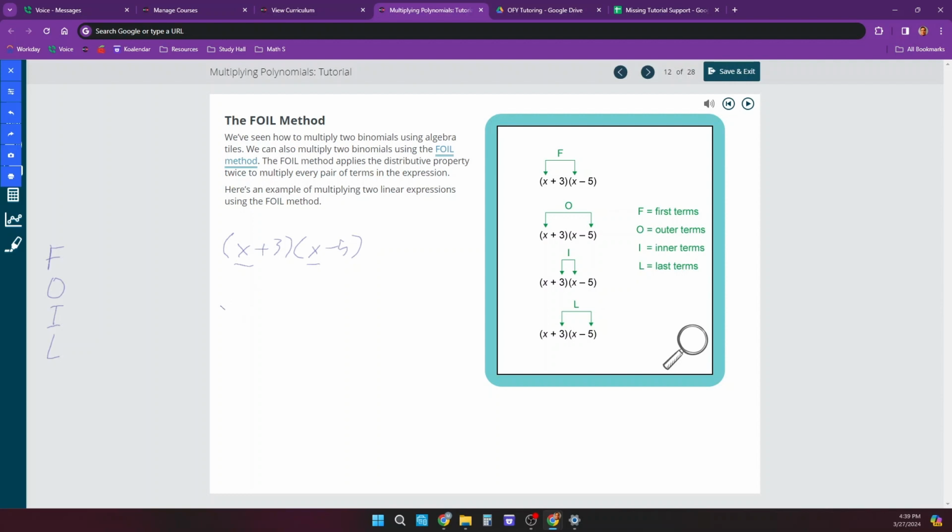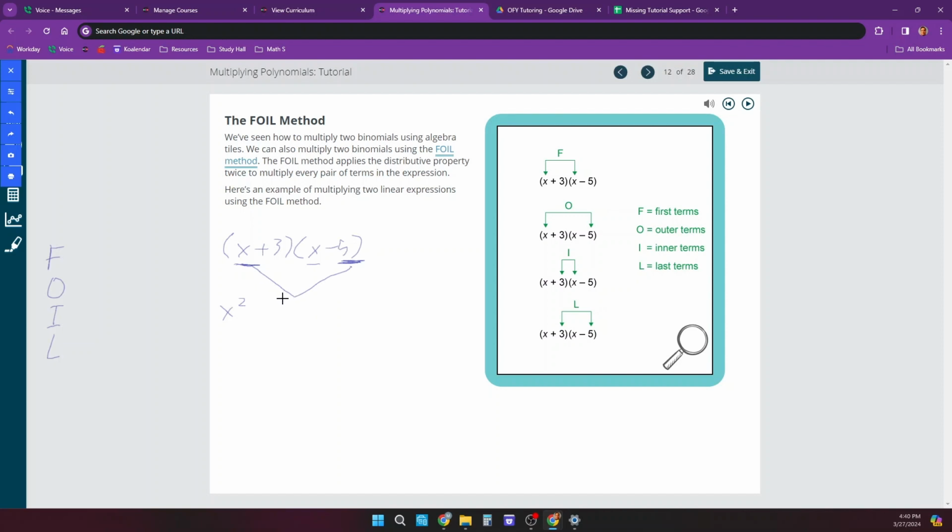So x times x, which is going to be x squared. Then we multiply our outside terms, that being our x and our -5, because they're the outside terms of our binomials.